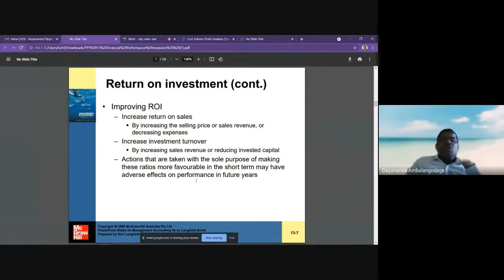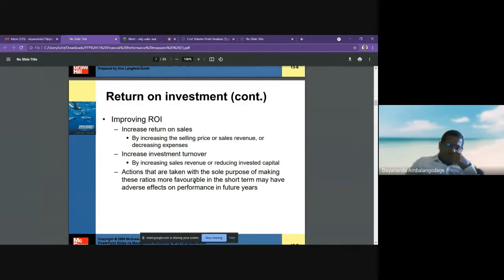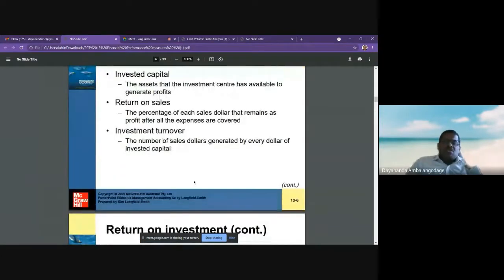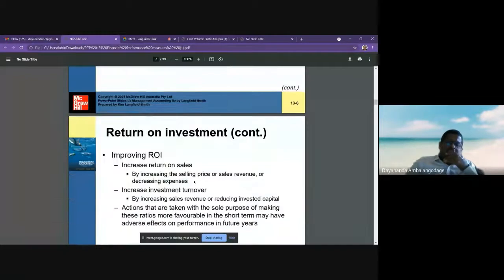Now suppose you are being evaluated based on ROI. Your branch is evaluated. Your branch performance measurement is ROI of your branch. Top manager is always looking at your ROI. Then what you will do? You know that you are being governed by ROI.